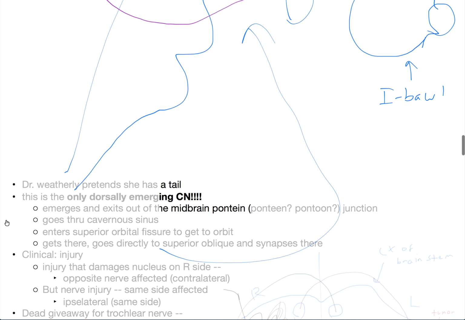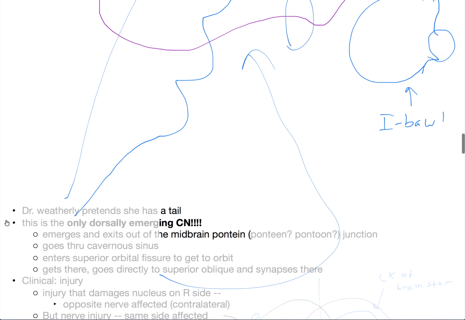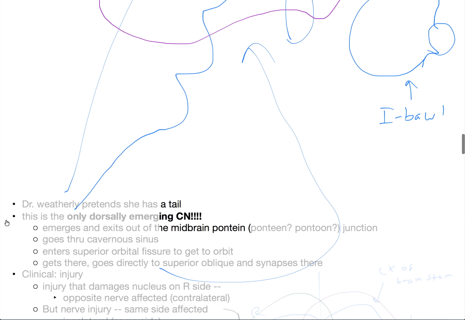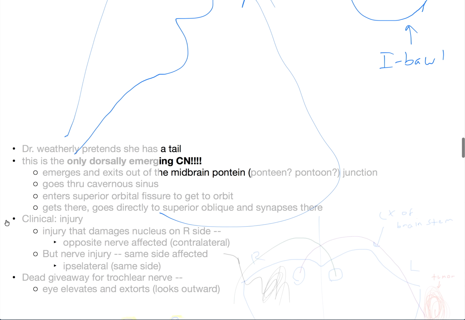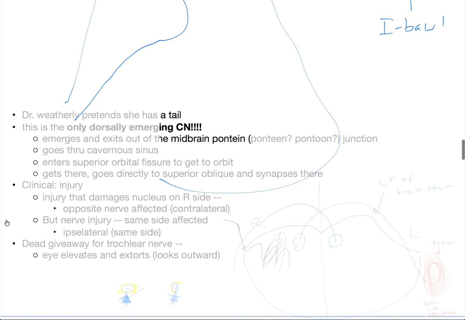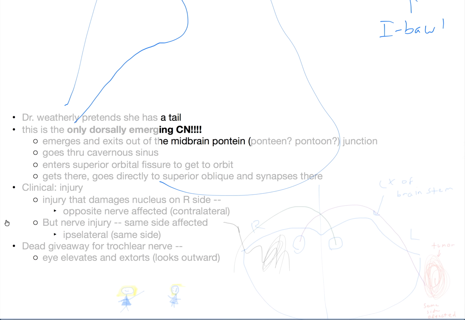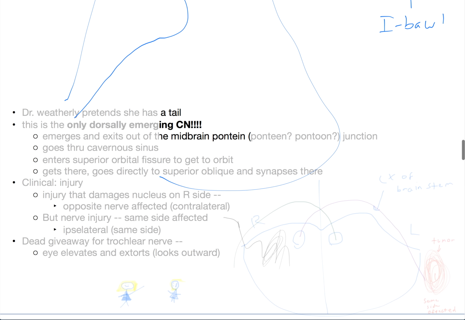So it emerges from the brainstem dorsally at the midbrain-pontine junction, where the midbrain and the pons connect to each other. That's where it leaves. And it travels through the cavernous sinus. You'll learn why that's important in a little while. And then it enters the superior orbital fissure to get to the orbit, like the eye cavity. When it gets there, it goes directly to the superior oblique and synapses there.